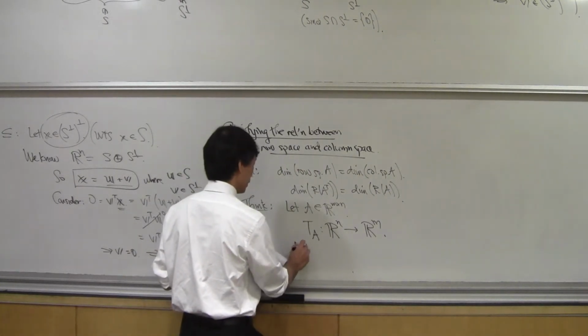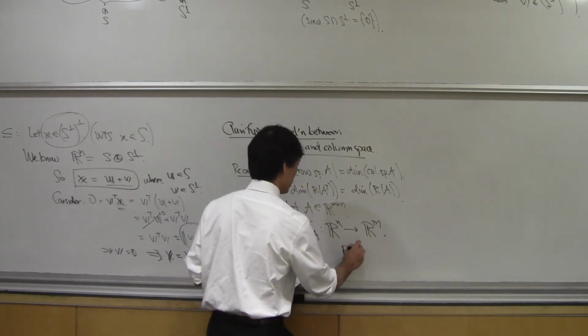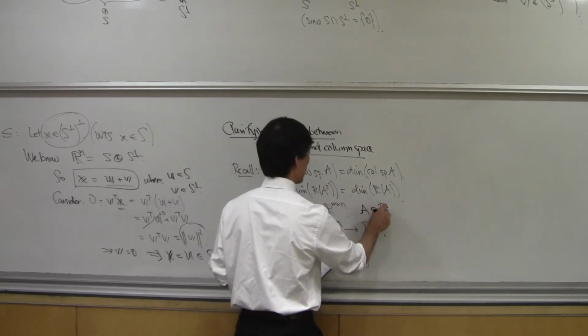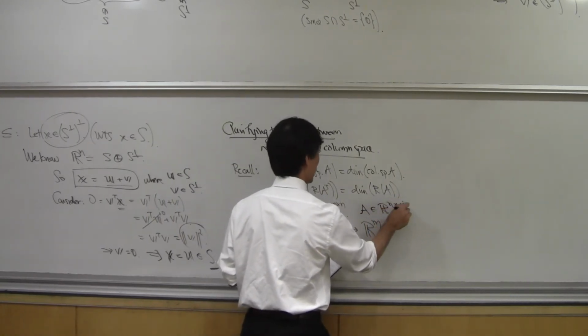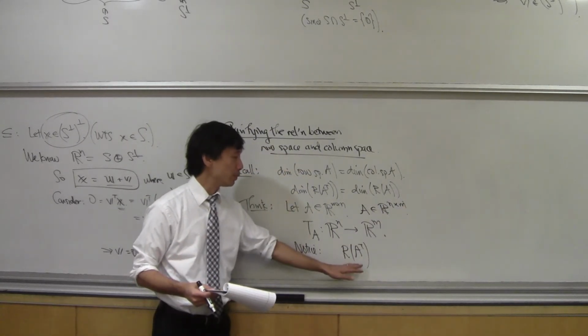And notice that the range of A transpose. A transpose is an n by m matrix, right? The range of A transpose is where?